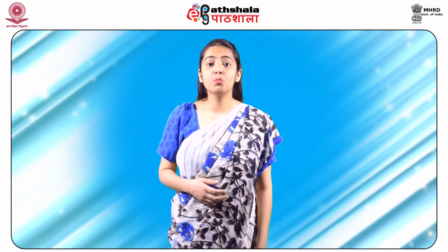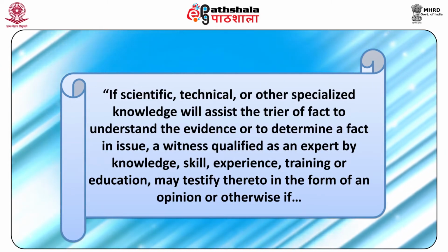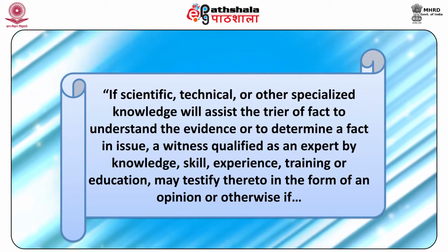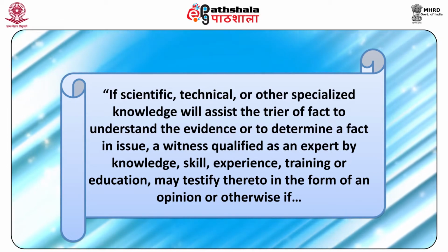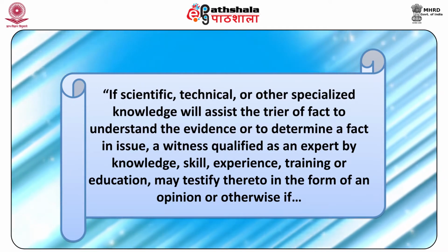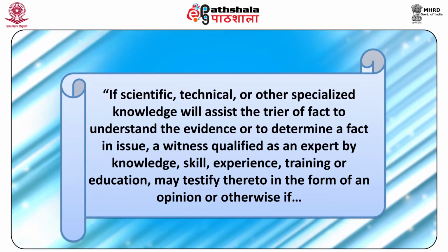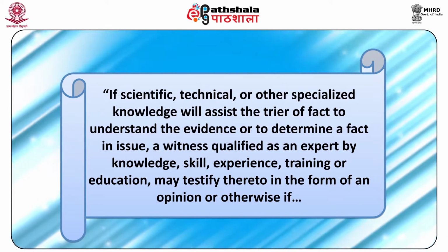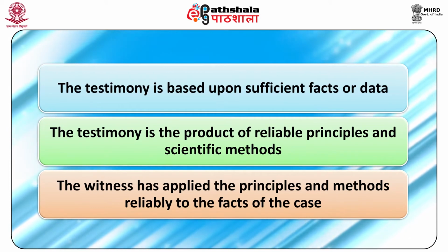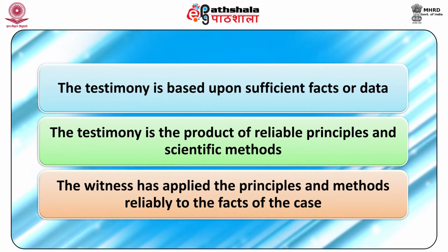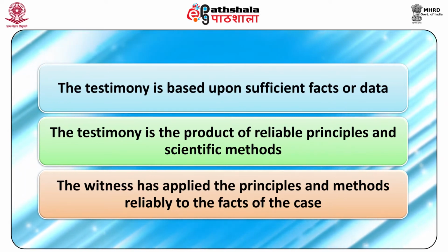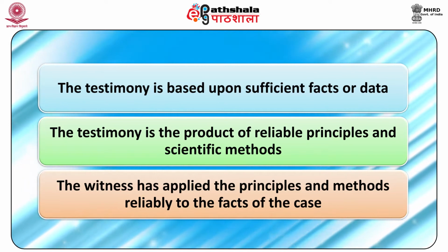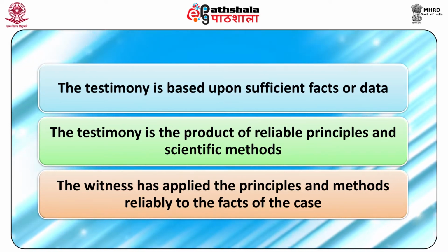Then, in 1975, the Federal Rule of Evidence, which was more liberal in approach, stated: if scientific, technical or other specialized knowledge will assist the trier of fact to understand the evidence or to determine a fact in issue, a witness qualified as an expert by knowledge, skill, experience, training or education may testify thereto in the form of an opinion or otherwise, if the testimony is based upon sufficient facts or data, the testimony is the product of reliable principles and scientific methods, and lastly, the witness has applied the principles and methods reliably to the facts of the case.